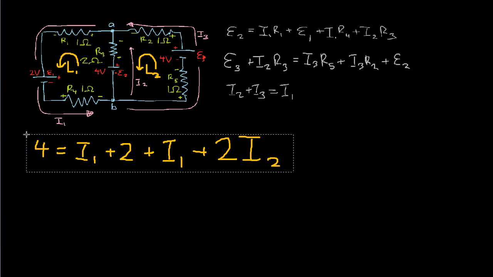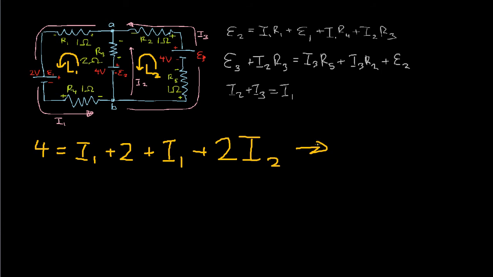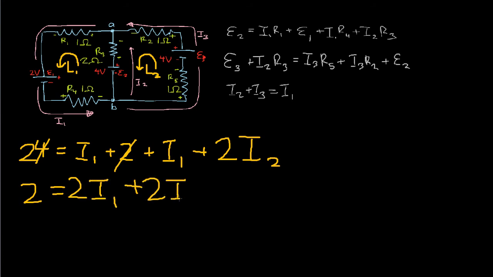Actually, you know what? Why don't we just solve this along the way? Or at least simplify it. So this guy cancels to become 2. So 2 equals 2I1 plus 2I2.